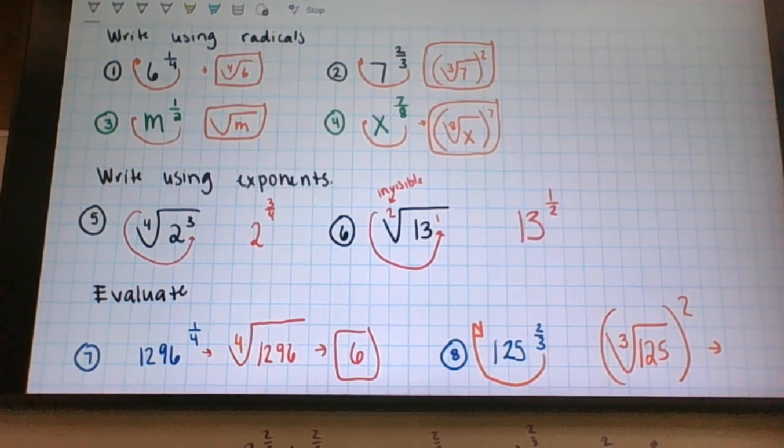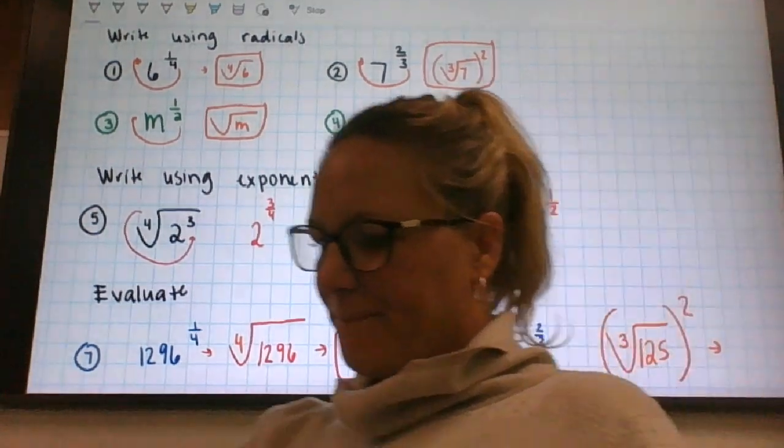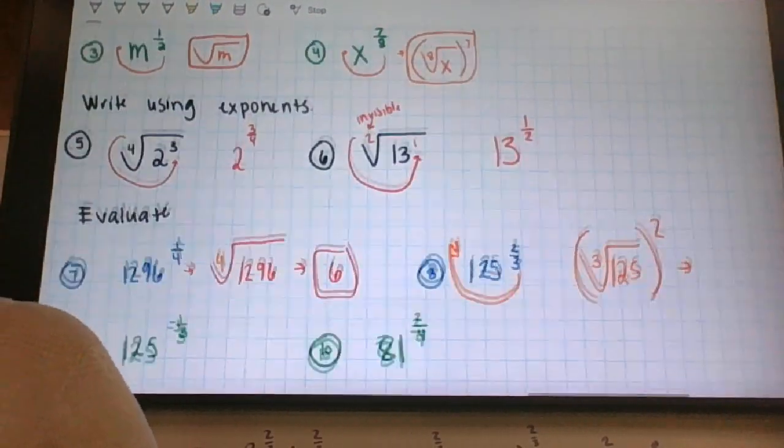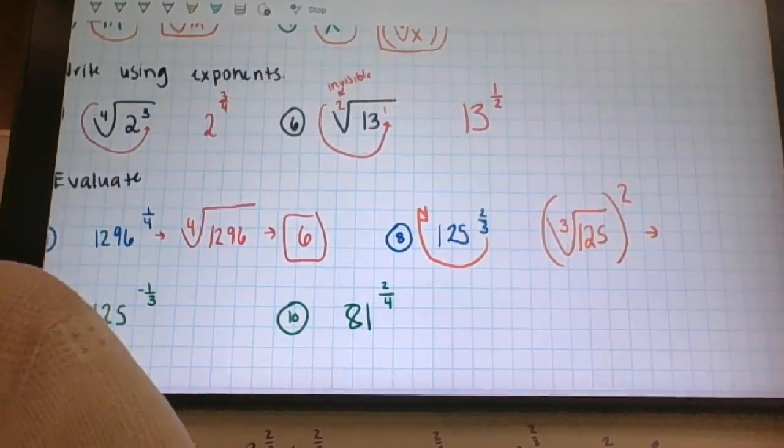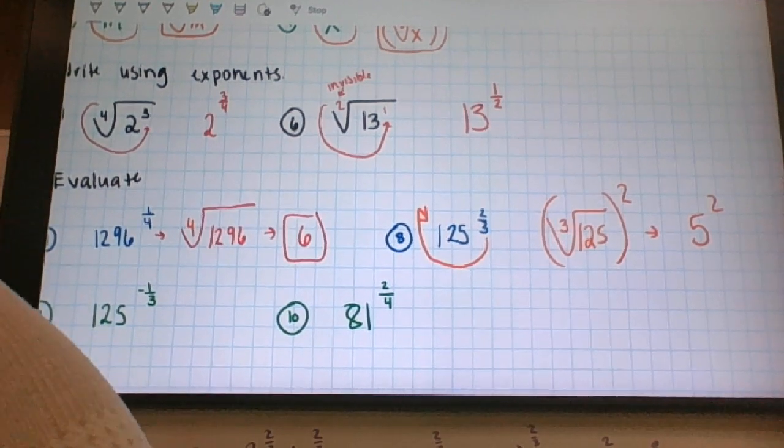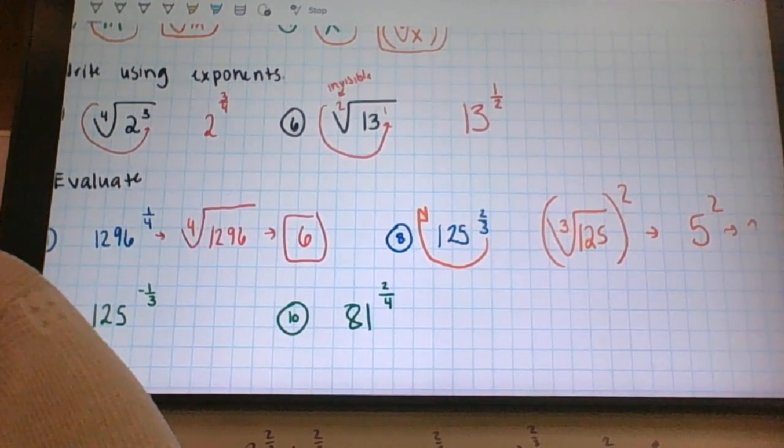Yeah, 5. So 2 to the 3rd is 8. 3 to the 3rd is 27. 4 to the 3rd is 64. 5 to the 3rd is 125. So this would be 5 squared. The answer is 25.